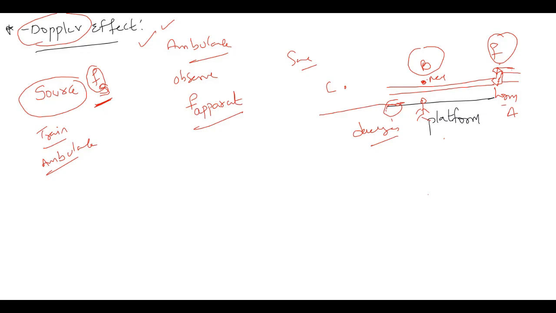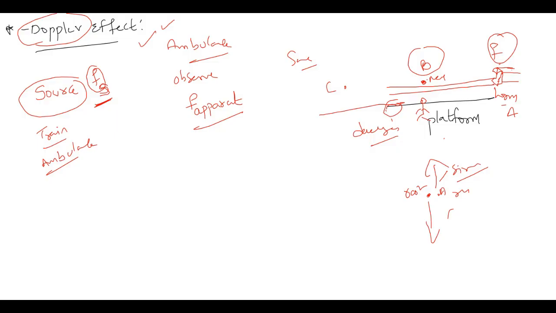Now why is this happening? When you stand here at rest, there is an ambulance next to you, also at rest, and it is producing a siren. You don't feel that there is a difference in the sound. But when the ambulance is going away, due to its motion, you feel a decreasing or increasing of the sound.